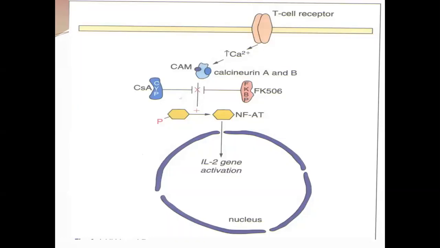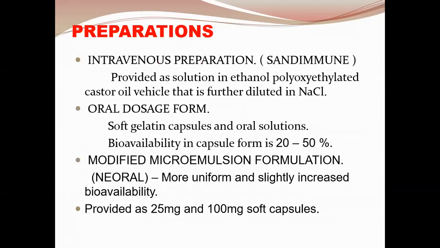If you look at this cyclosporin, this is a T cell receptor, and there is calcineurin A and calcineurin B, and it acts by inhibiting at this particular level, which causes an inhibition of the release of IL-2 through the nucleus. Then what are the preparations of these calcineurin inhibitors like cyclosporin? Intravenous preparations are available as Sandimmune, provided as a solution in ethanol and polyoxyethylated castor oil vehicle that is further diluted in sodium chloride.